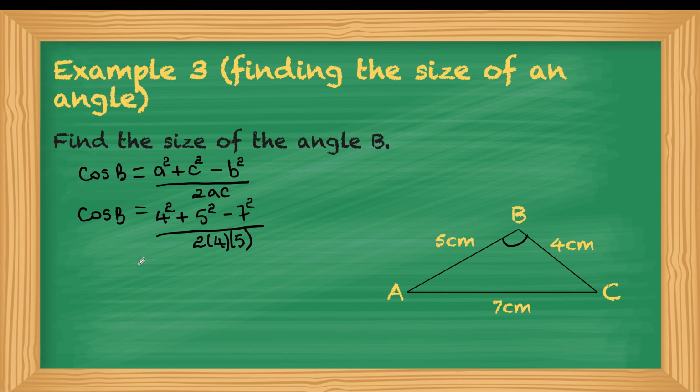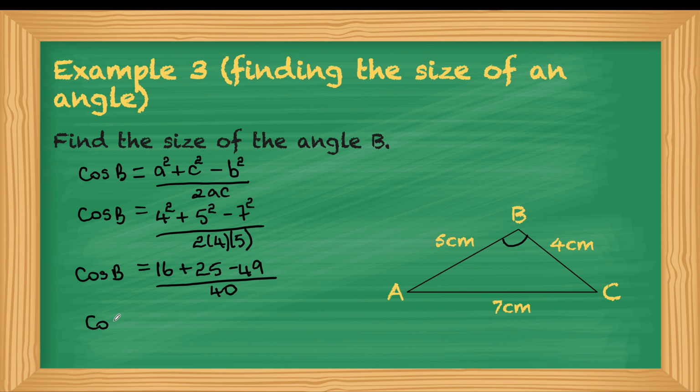Now we're simplifying and we're putting back our cos B. Now 4 times 4 will give me 16, 5 times 5 will give me 25, 7 times 7 will give me 49, all over 4 times 2 will give me 8, and 8 times 5 will give me 40.